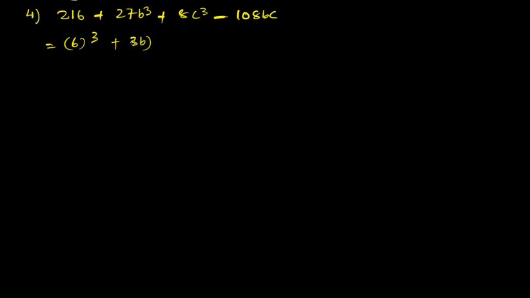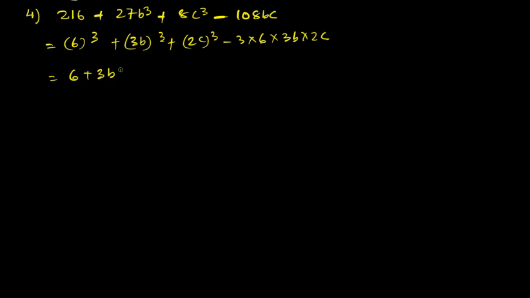Now question number 4 is given 216 plus 27b cube plus 8c cube minus 108bc. So 216 is nothing but the cube of 6, 27b cube, so 3b whole cube, 2c whole cube, 3 into 6 into 3b into 2c.